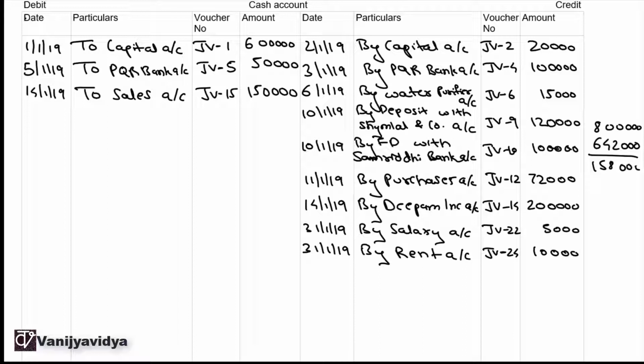So your credit side total is less by 1 lakh 58,000. So on 31st Jan 2019, by balance carried forward 1 lakh 58,000, and then the total of debit side is 8 lakhs, total of credit side is 8 lakhs.